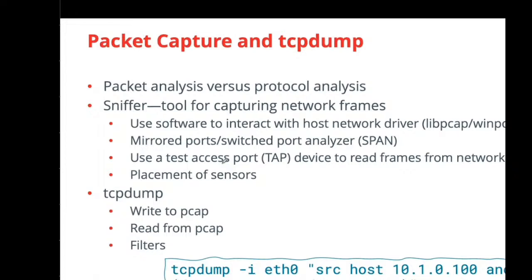Sniffing can also be performed over a network cable segment using a test access port, that is the TAP. The device is inserted in the cabling to copy frames passing over it, and there are passive and active powered versions of it.